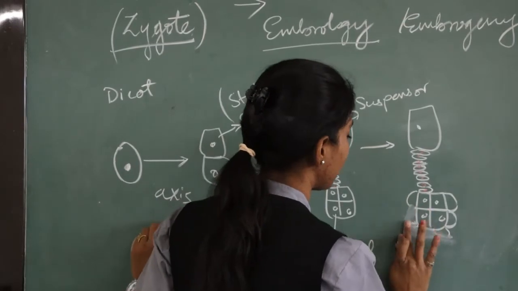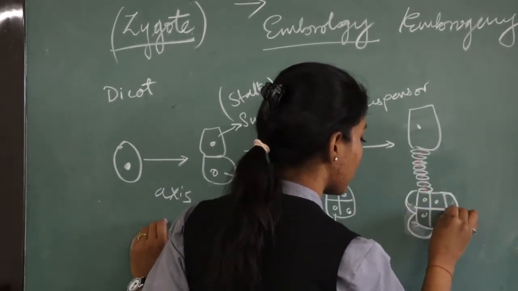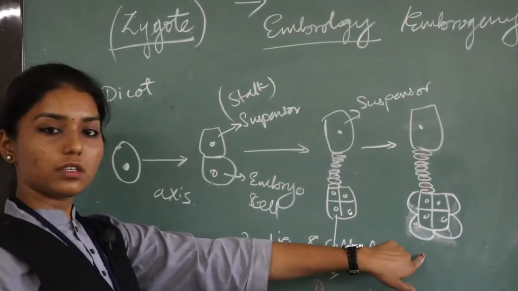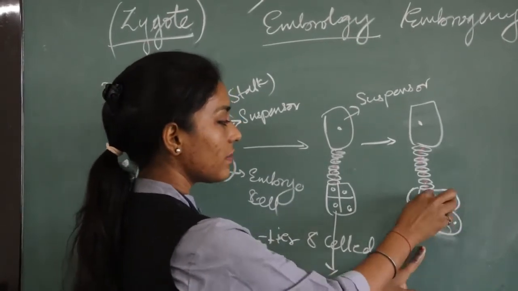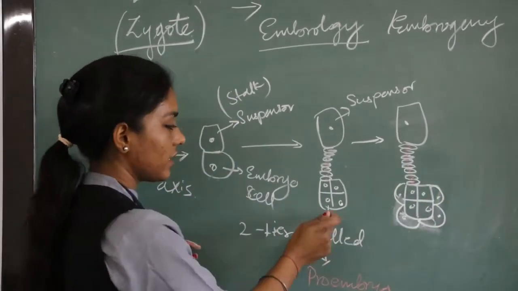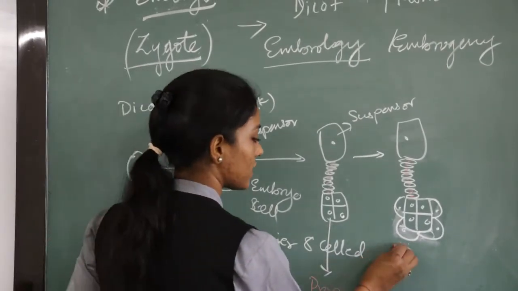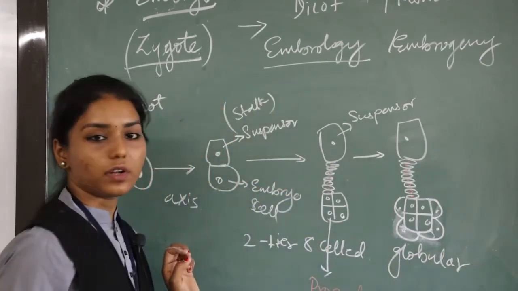I will draw again. This is called a 2 tier 8 cell. You can see over here 8 cells in 2 different parts. This is called a 1 tier 4 cell. This type of development is called globular.